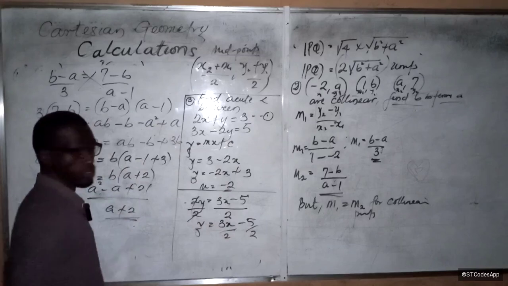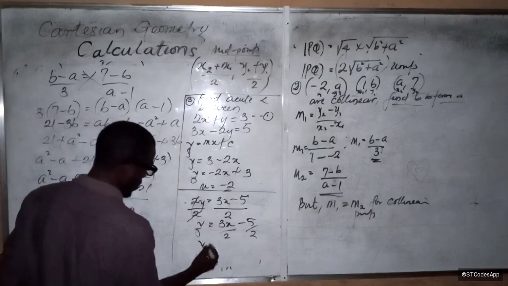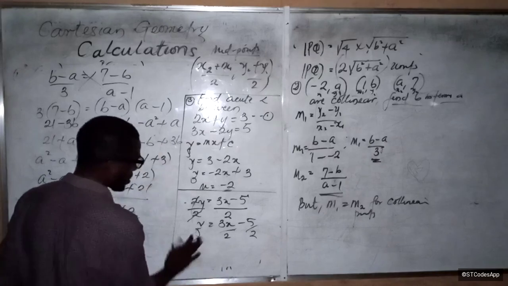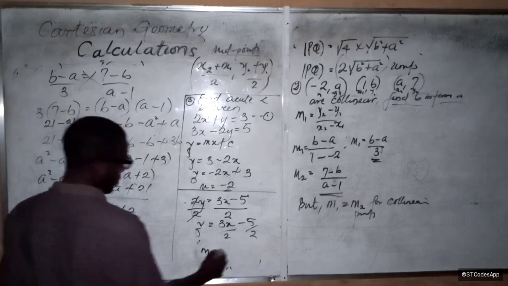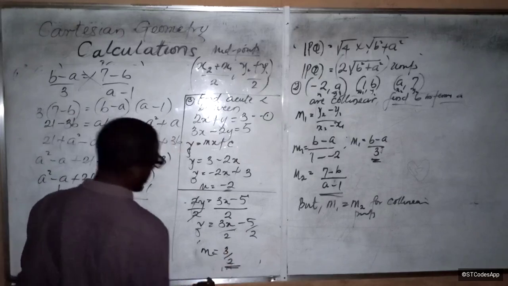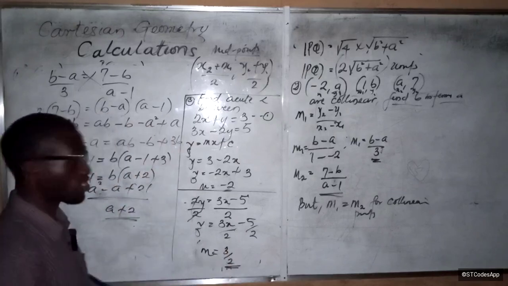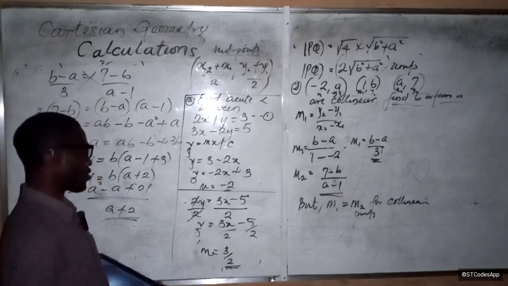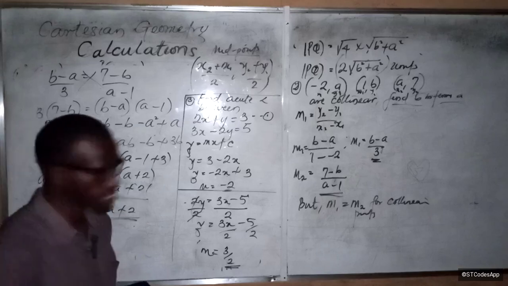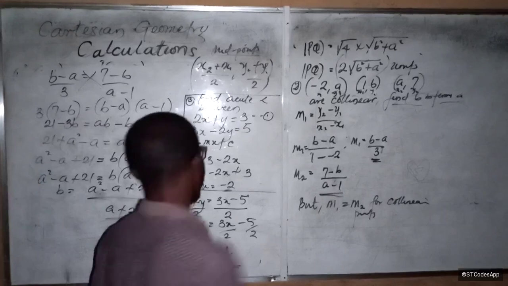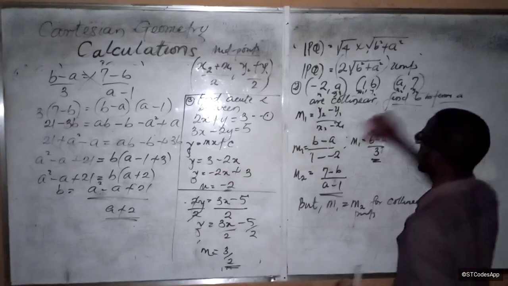I separated this fraction. So it means that our m therefore is 3 over 2. I told you in that video that m is always the coefficient of x. You see, m is the coefficient of x.